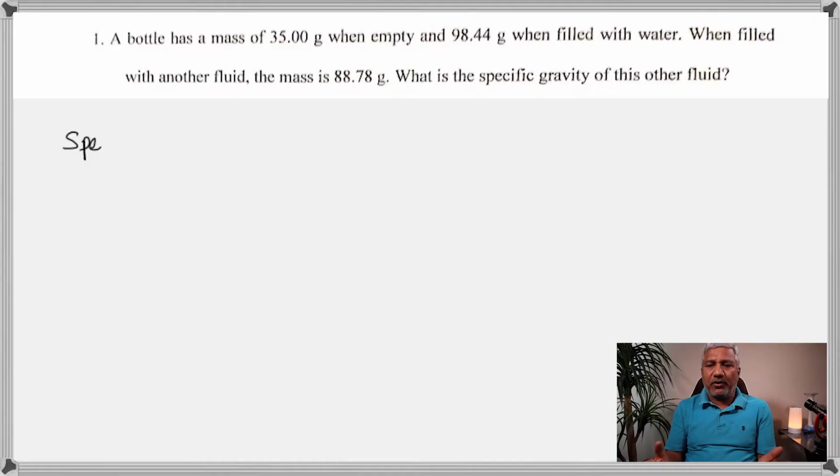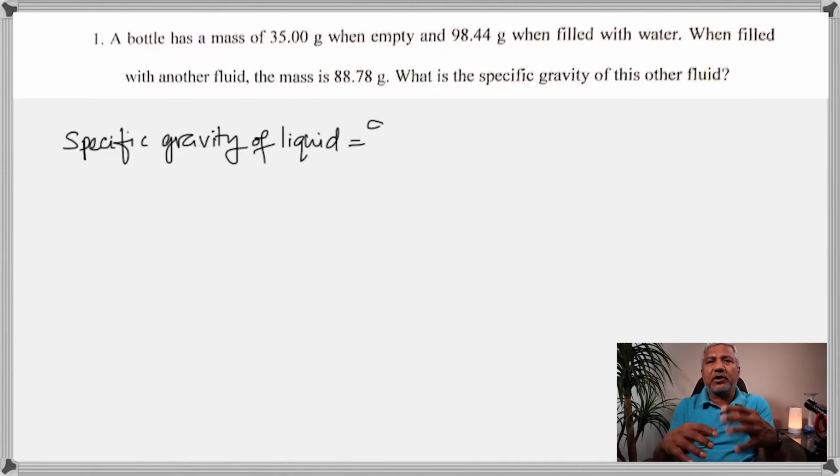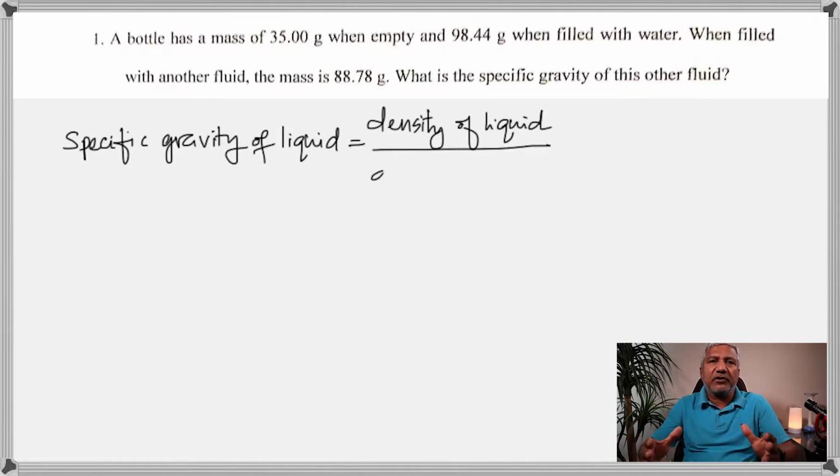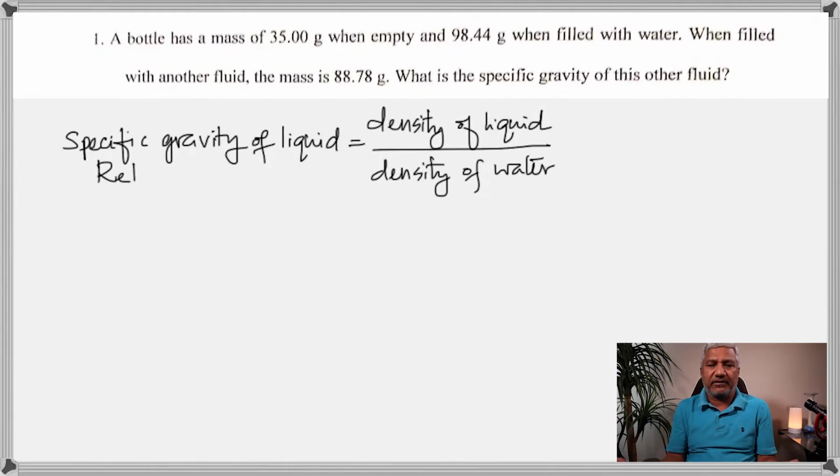Therefore, what we have to do here is find the mass of the liquid filling that bottle divided by the mass of water filling the same bottle. Because the volumes are the same, the volumes will cancel out and the ratio of the masses will give us the ratio of the densities.